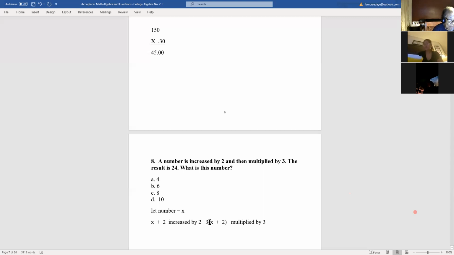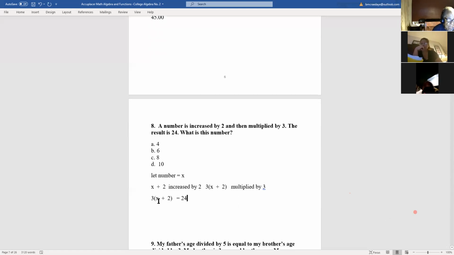So I would have 3 times X plus 2 equal to 24. Now, Chastity, what do I do next? If I have 3 times the number increased by 2 equal 24, what do I do here?